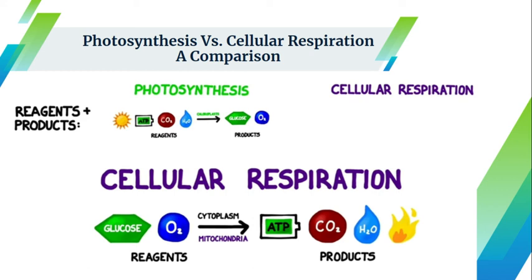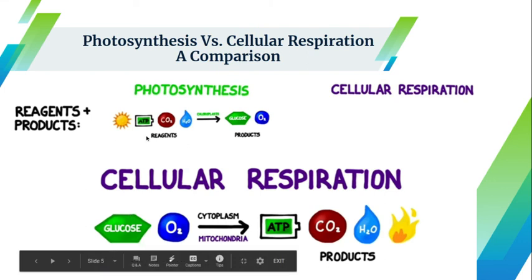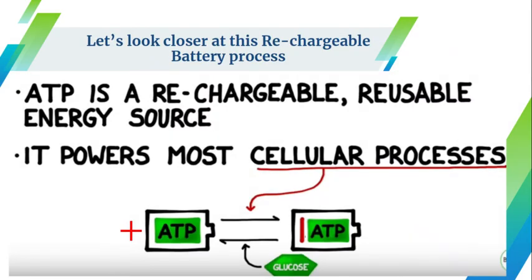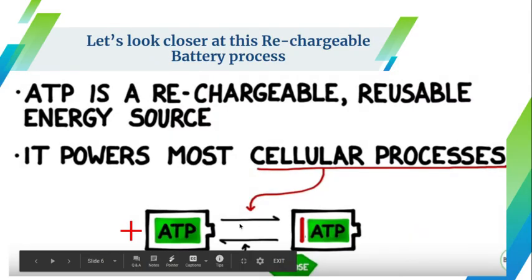So you see, photosynthesis needs these items to create these items. Cellular respiration is the opposite. It needs glucose and oxygen to create carbon dioxide and water. And it is this ATP battery that makes it all work.